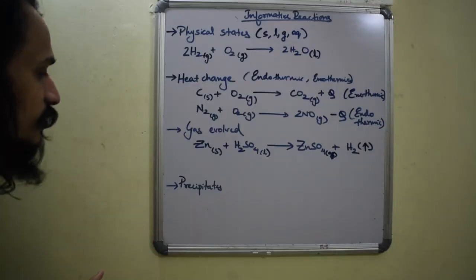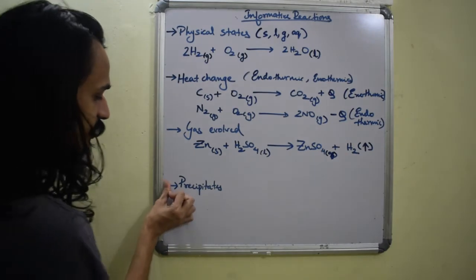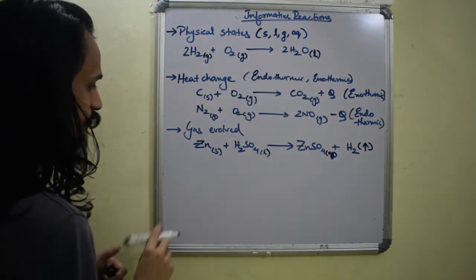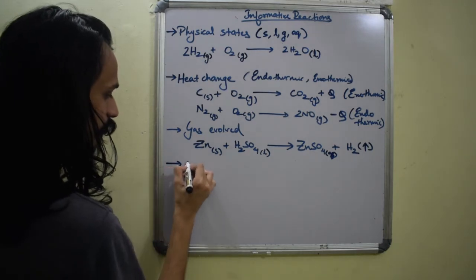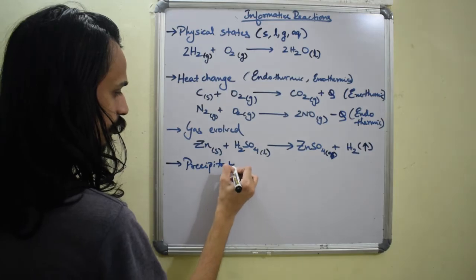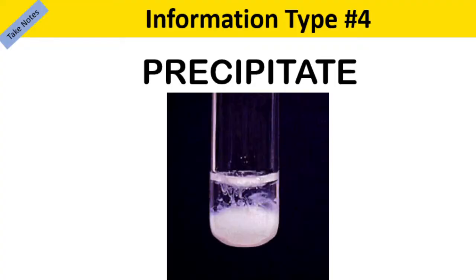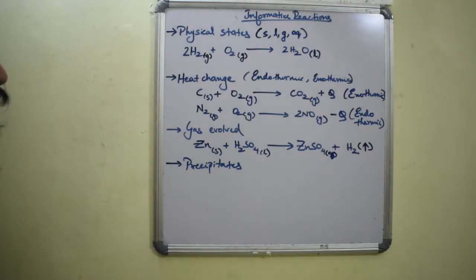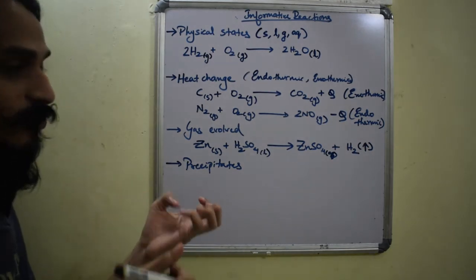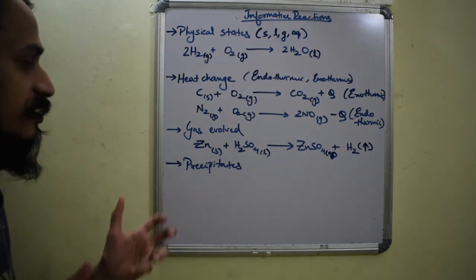Finally, we have something called precipitates. So we saw that whenever some solid is created and it settles down, like how we saw that white colored precipitate in that reaction.